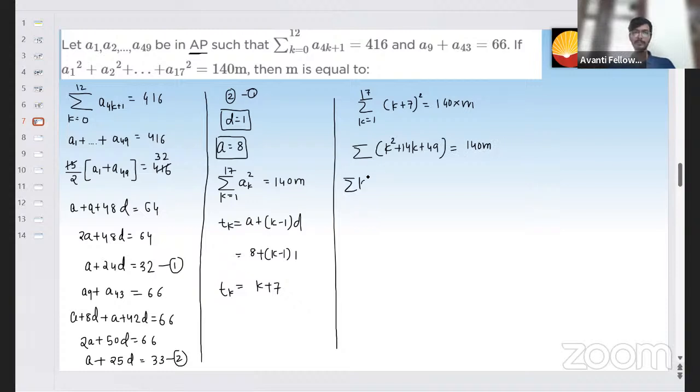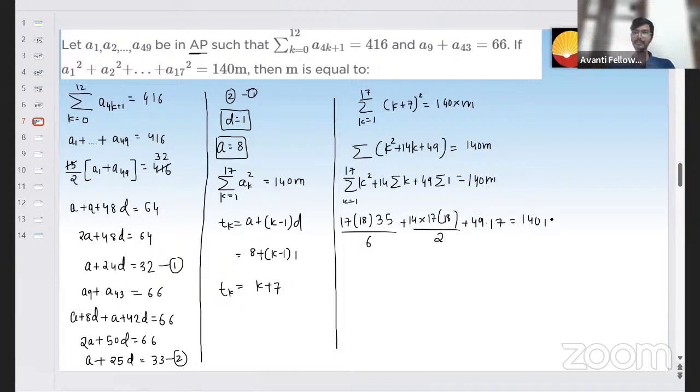This will be summation k square plus 14 summation k plus 49 summation 1, equal to 140 into m. Here summation k square is n into (n plus 1) into (2n plus 1) upon 6, plus 14 into n into (n plus 1) upon 2, plus 49 into 17, equals 140m.